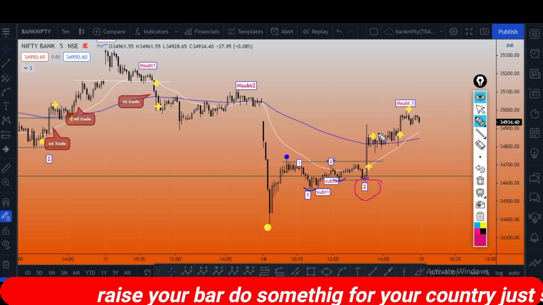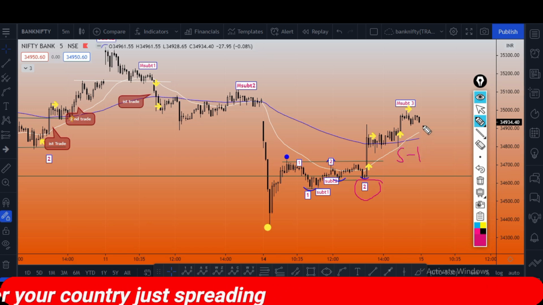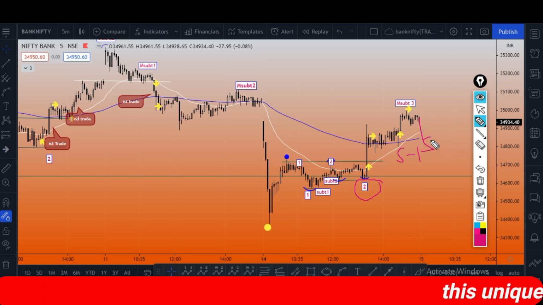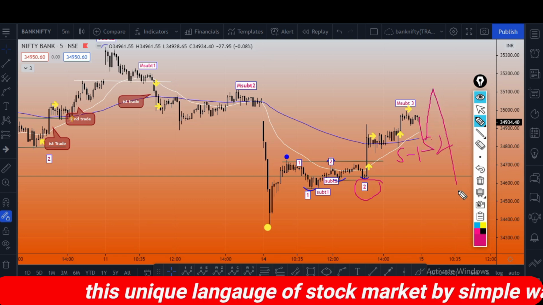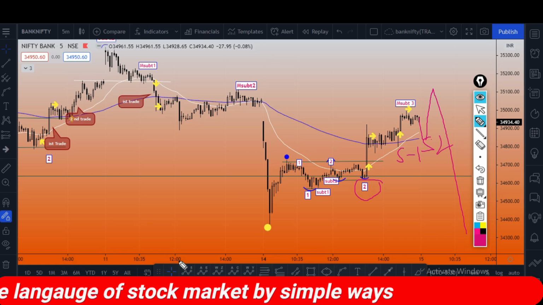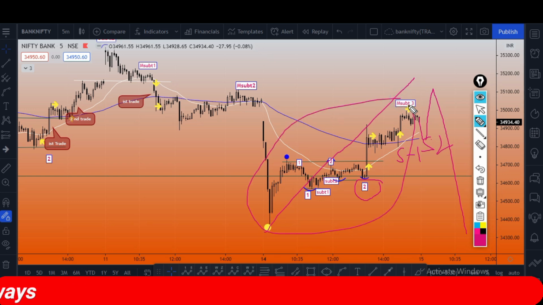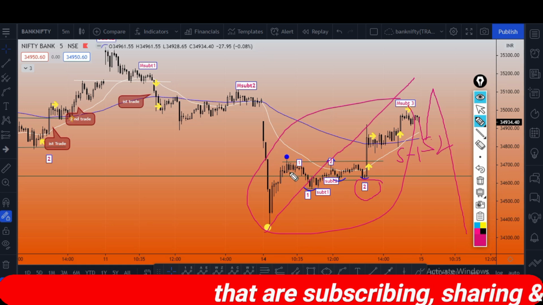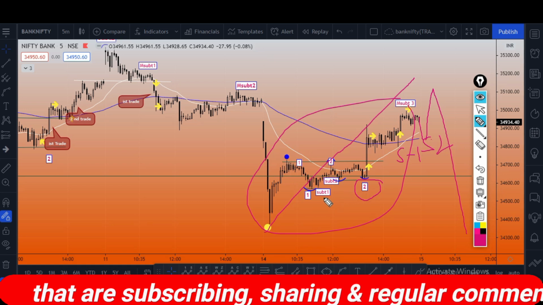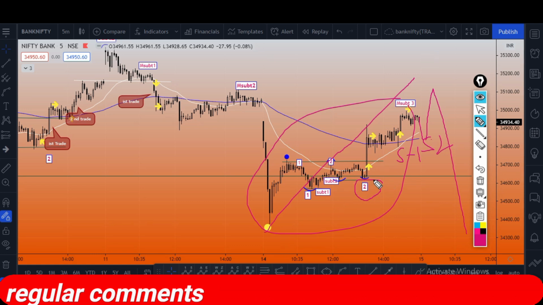Now price is in extension, so this would be the subtest 1, and it might happen that this would become subtest 2 and price would move to this side and then come down, if it is a counter trend move. If it is not a counter trend move, if it's a trend reversal, then the marking will change, and this will become the first test of this trend move rather than the second test.